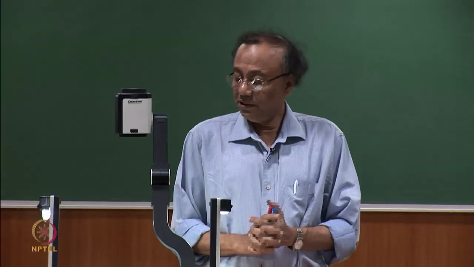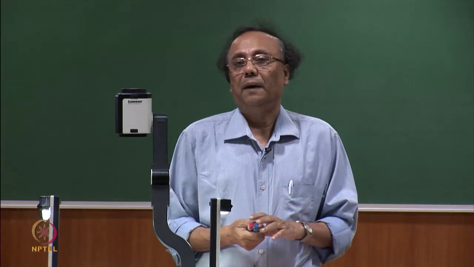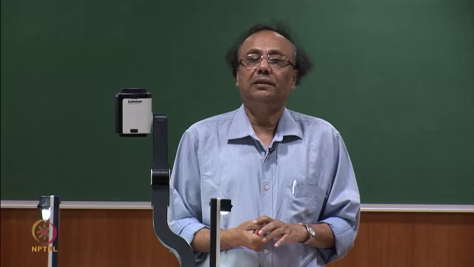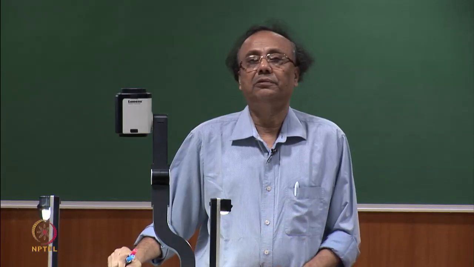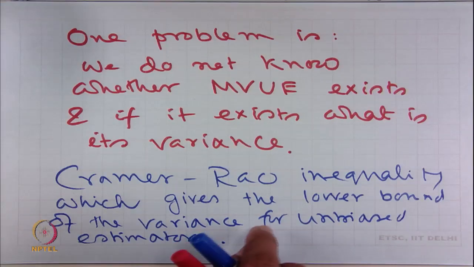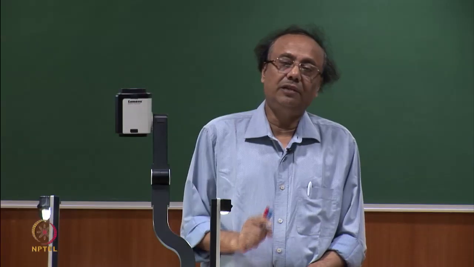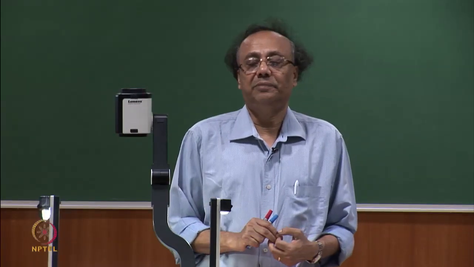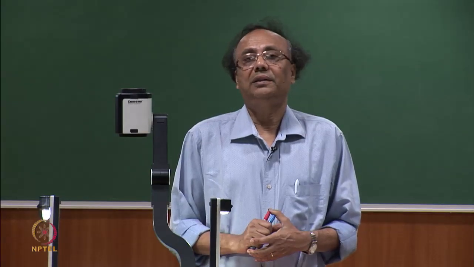What is the advantage? The advantage is that if we find a particular estimator whose variance is equal to that bound, then we are sure that this is the minimum variance unbiased estimator, because there cannot be any other unbiased estimator whose variance is lower than that.